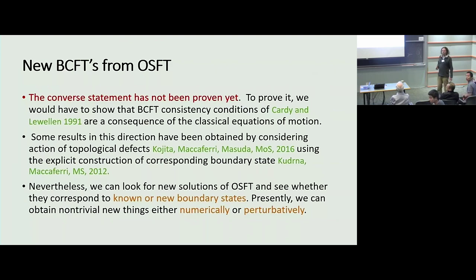Question? So in order to prove the converse statement, don't you also need to know the BCFT condition for a time-dependent background? For a general time-dependent background, since you would be considering time-dependent solutions, right? That's quite subtle. It's not obvious what the conditions are. I haven't been thinking much about that. Yeah, but you have OPE axioms, it would be a non-unitary CFT and it would be irrational.